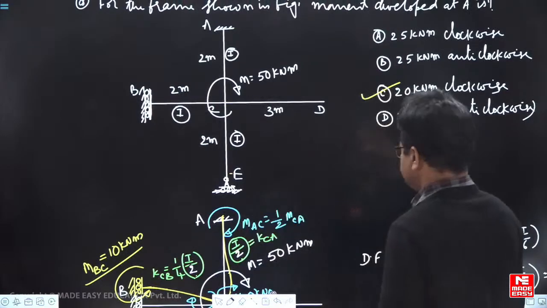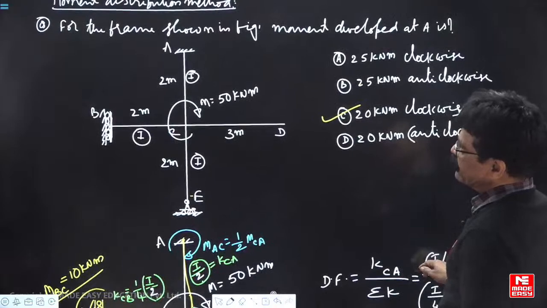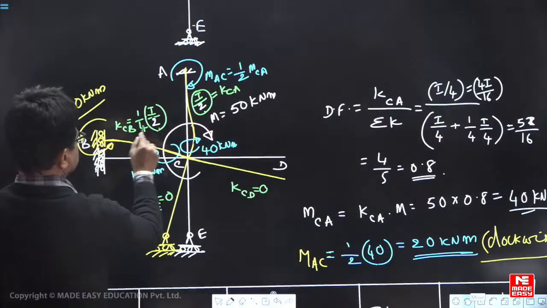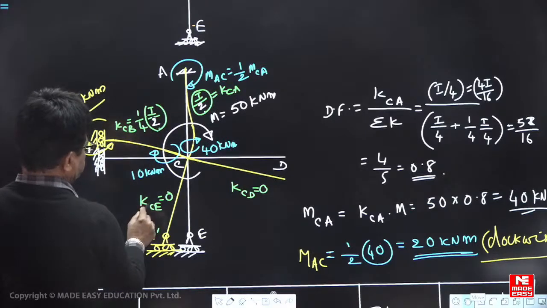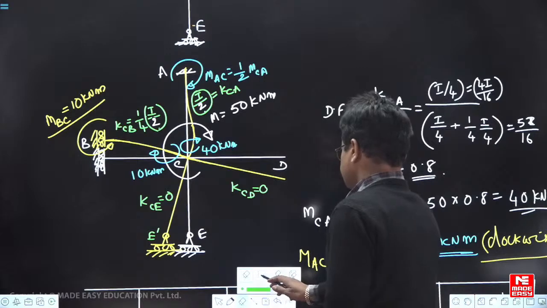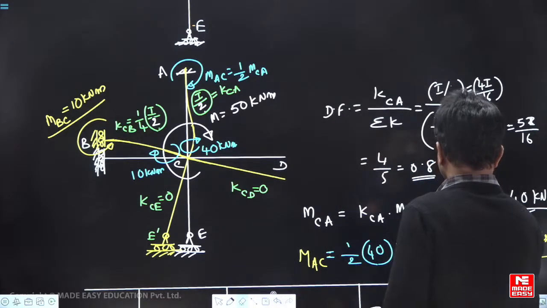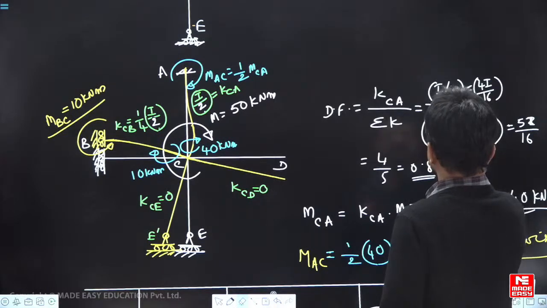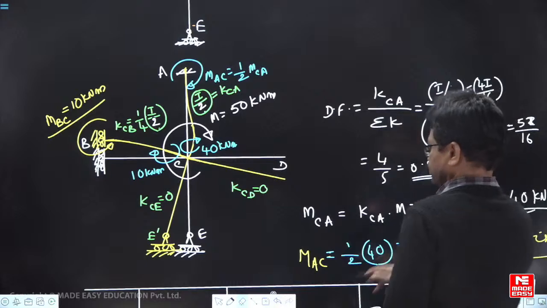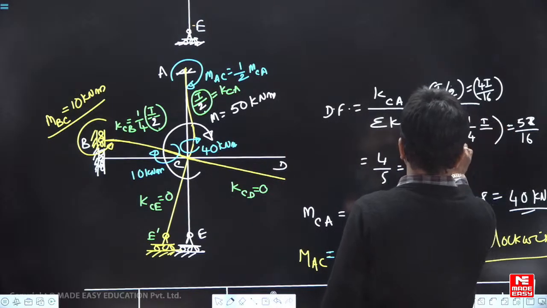Thinking that I have written 4 meters, but as per the question only we will move. 2 meters, okay. I by 2, 1/4 of I by 2, this is 0, 0. I by 2, I by 2.